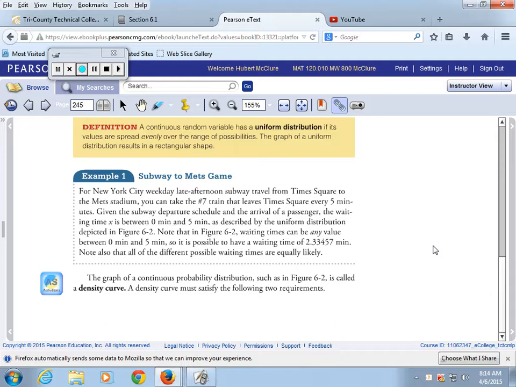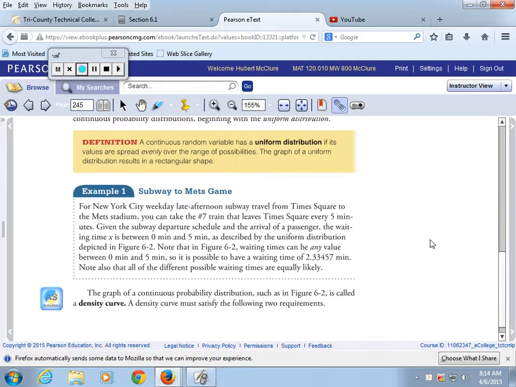First of all, there's two kinds of distribution. First type is uniform distribution. And you might want to write that down. Uniform distribution is when there's no variation. So what does it look like?